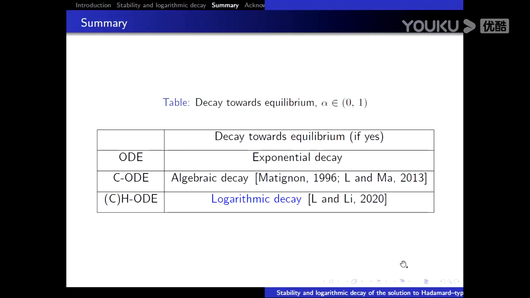Now we give a summary for the talk in this conference. Decay towards an equilibrium. For the ordinary differential equation, it is exponential decay. But for the ordinary differential equation with capital Caputo derivative, it is algebraic decay.